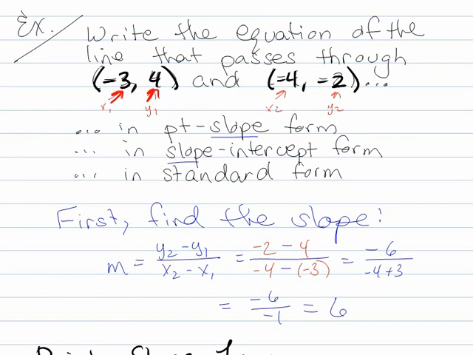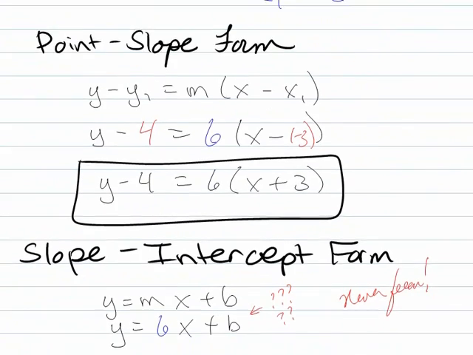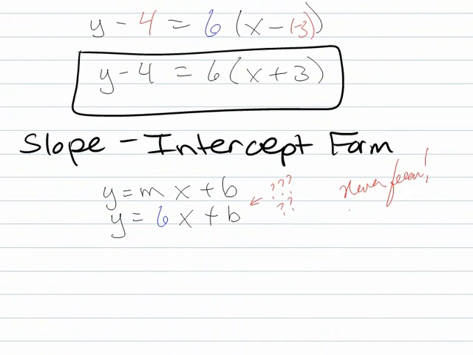So let's go back to that first point and see how we can use it. So we said that one of the points is -3, 4. So what we can do is we can actually use these values. I can use this value as x, and I can use this value as y in my equation. And we'll show you what that's actually going to do.